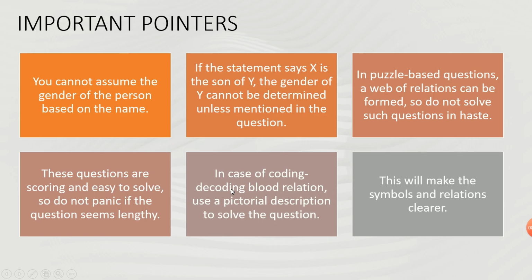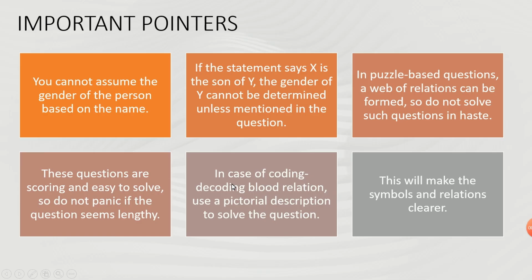Next, in case of coding and decoding blood relations, use a pictorial description to solve the question. I have given such an explanation in the answer, in our solving part. What they are saying is, you draw a flow chart or something similar to a family tree, then only can you easily identify the relationships so that you can solve efficiently.